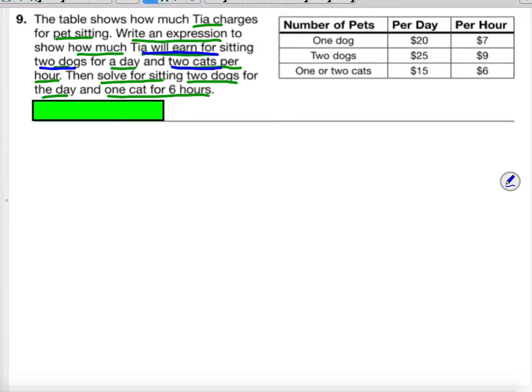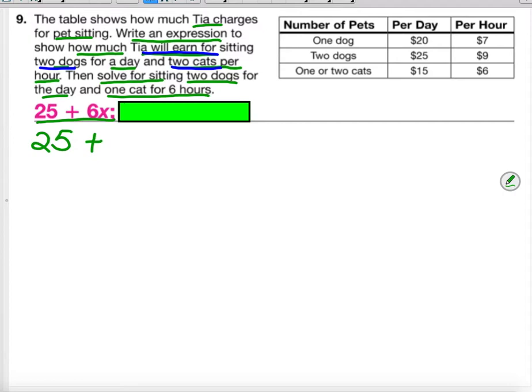Alright? And so what we have here is we have 25, which will be the sitting the dogs, the 2 dogs for the day, and you're going to get $6 per hour for sitting the cats. Okay? So here our expression is you have $25 a day for the 2 dogs plus sitting the cats.